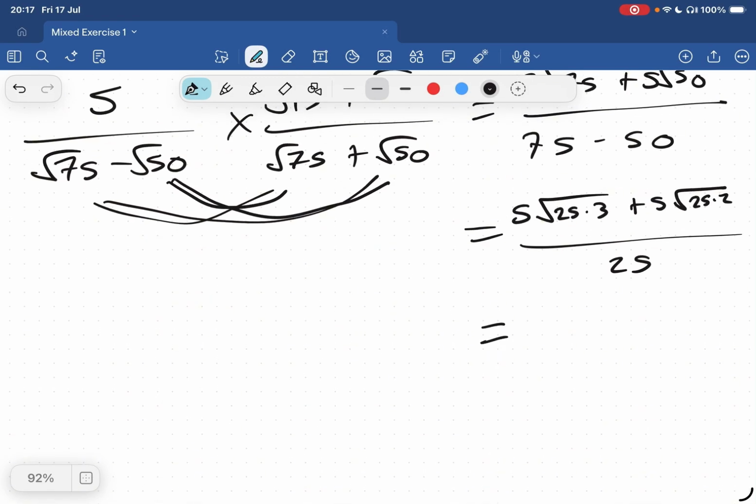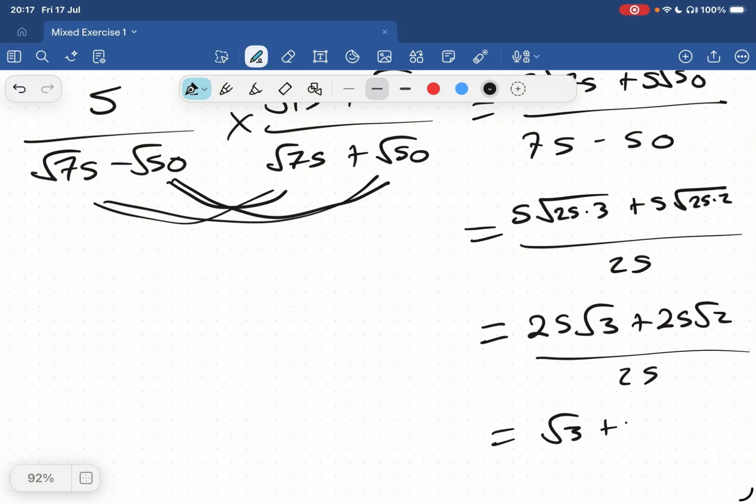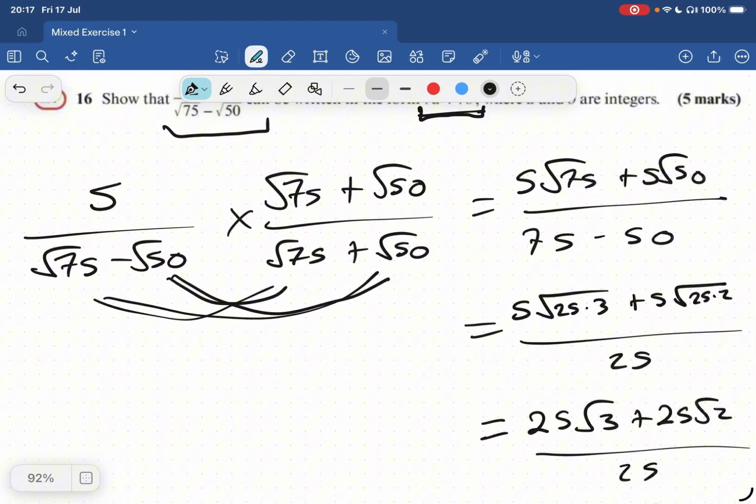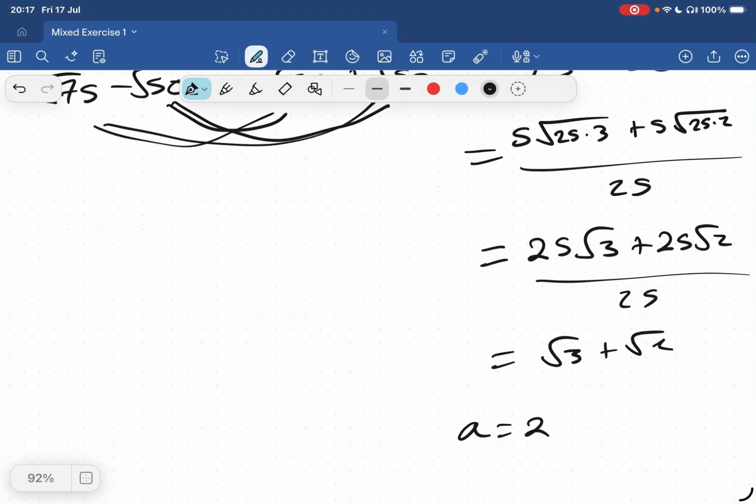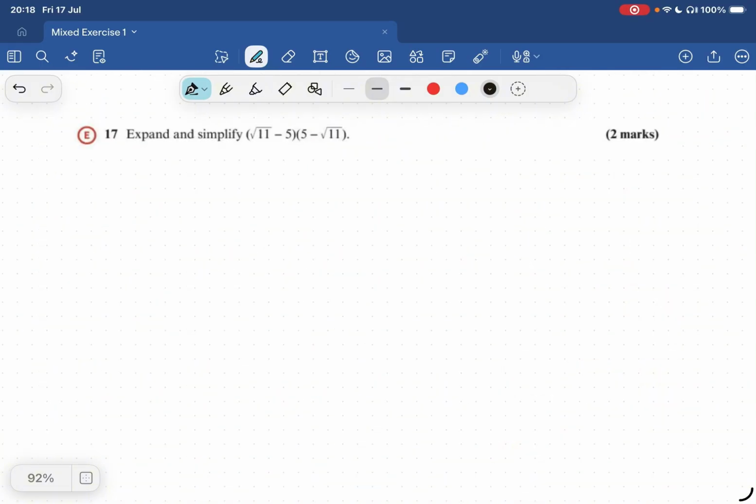So root 25 is 5, so it's 25 root 3 plus 25 root 2 over 25, so this is just root 3 plus root 2. So then A is 2, B is 3, and that's our final answer.